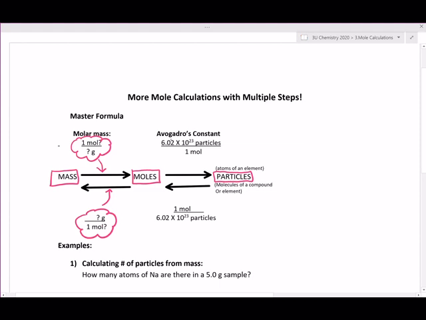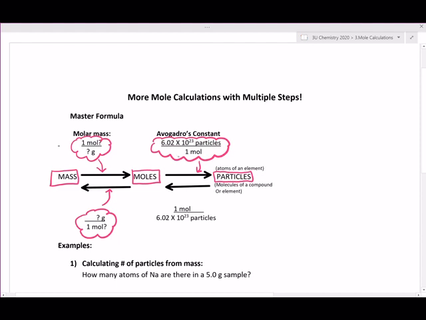And then we've also been able to calculate between moles and actual pieces or particles. And with chemistry, that's probably molecules or atoms, but it could also be ions, formula units, basically little tiny things. So once again, we had a second conversion factor called Avogadro's constant, and you could use it if you're moving from moles to particles.